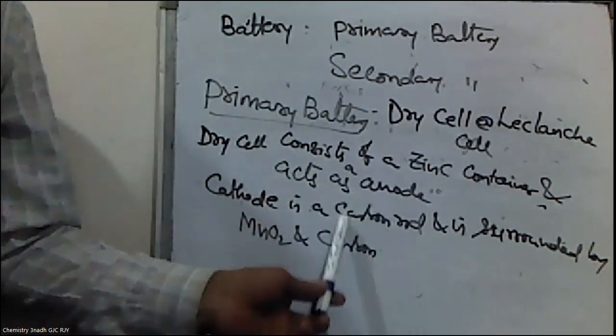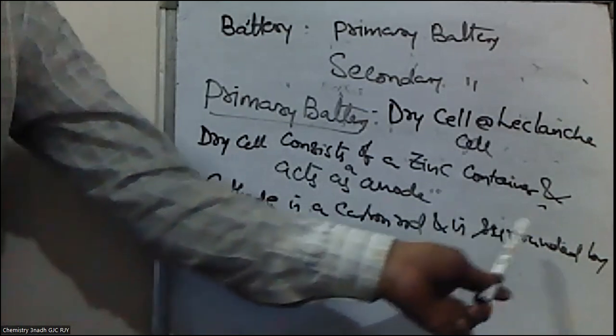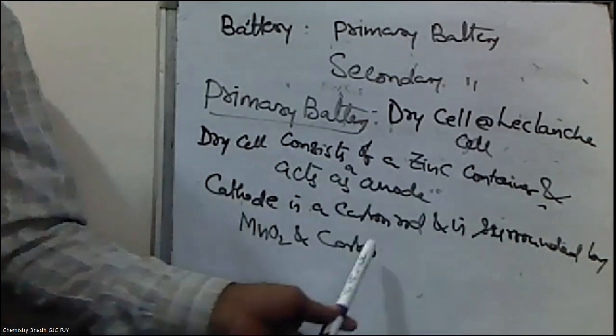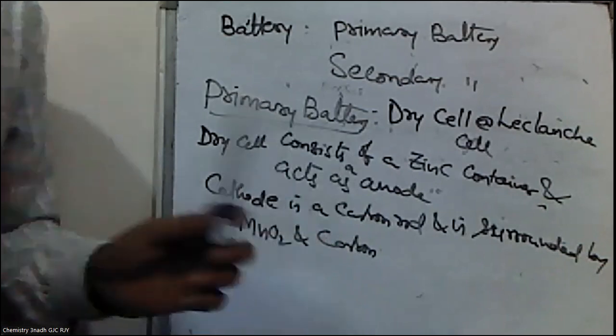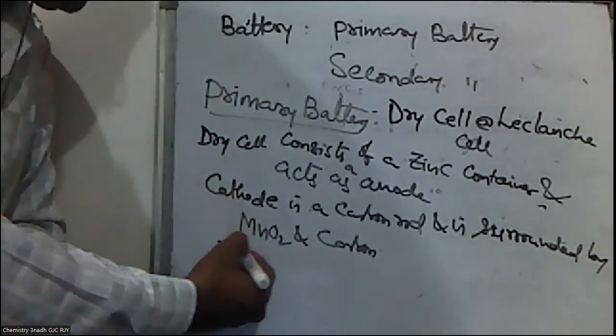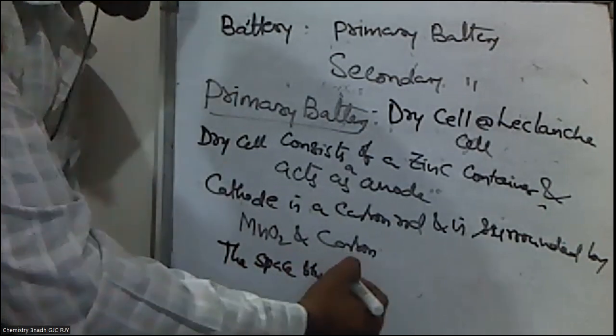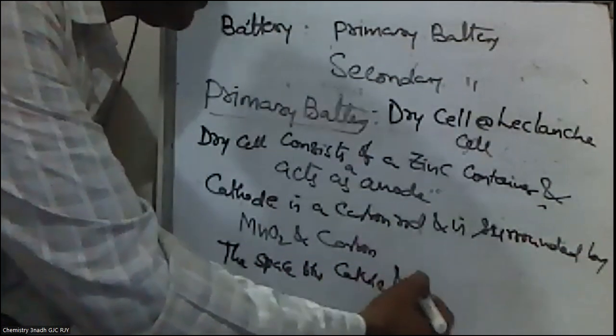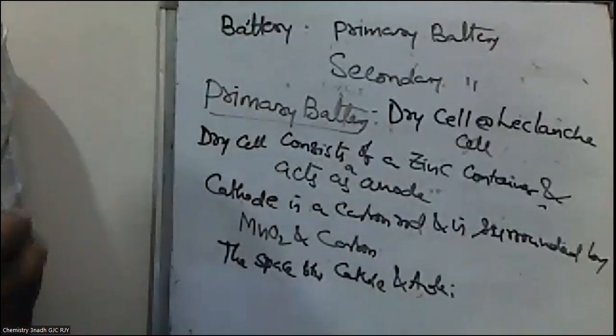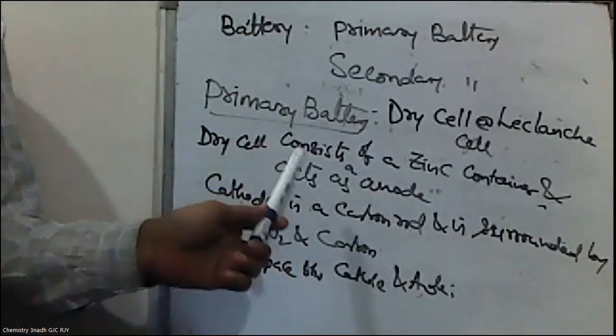Here anode is a zinc container and cathode is a carbon rod.